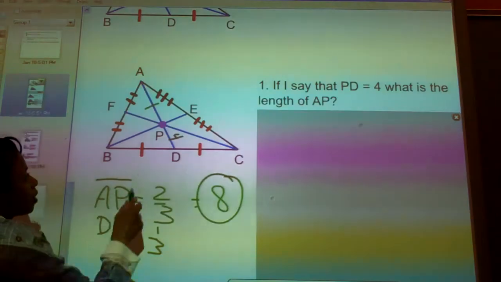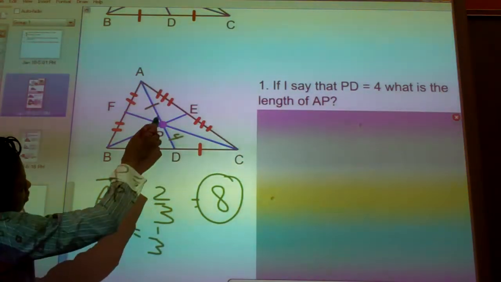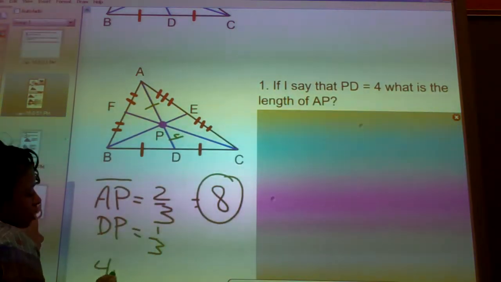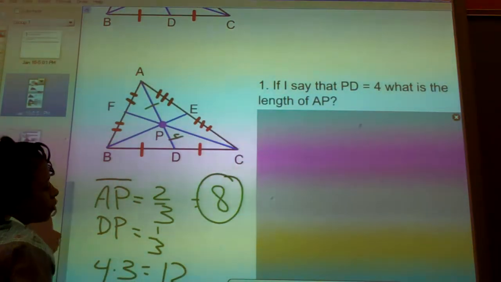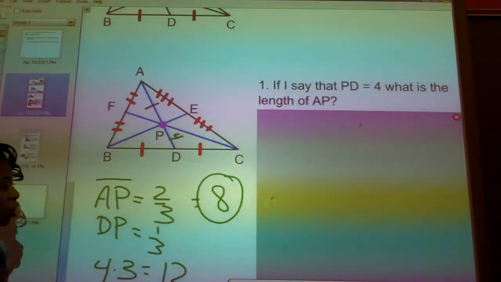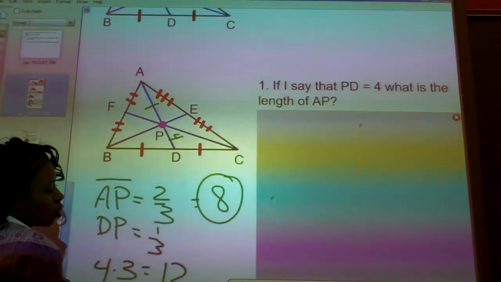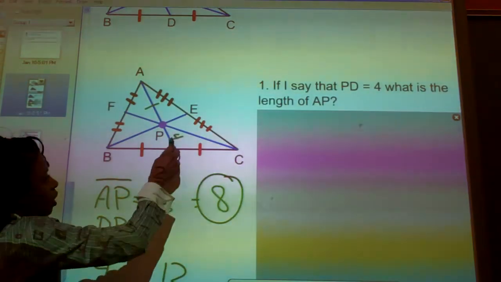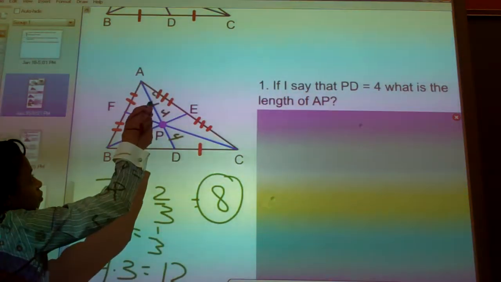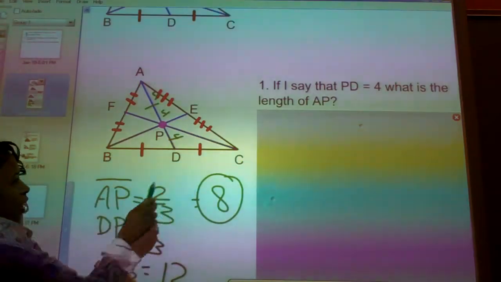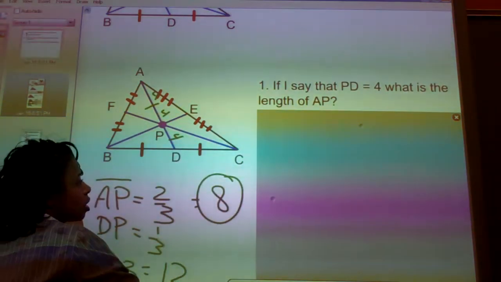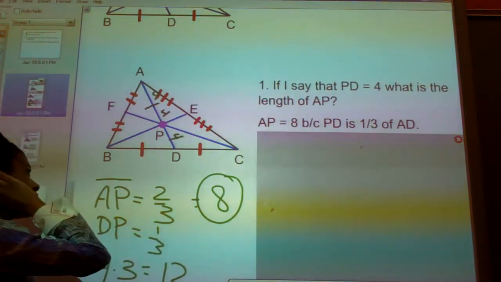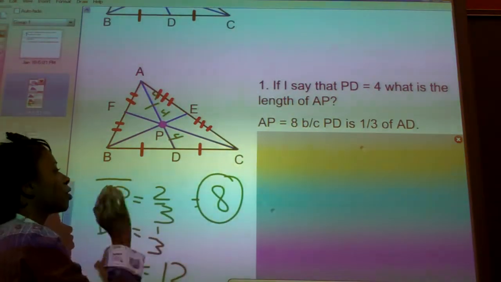If I divide this into 3 parts, 4 times 3 is 12. Each third is worth 4. So 4, 8, 12. This is 4, that's 4, and that's 4, and these two added together give me the 8. You may see it another way: 8, because PD is 1/3 of AD.